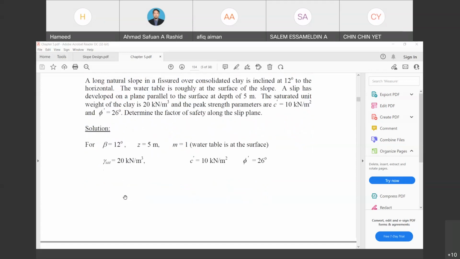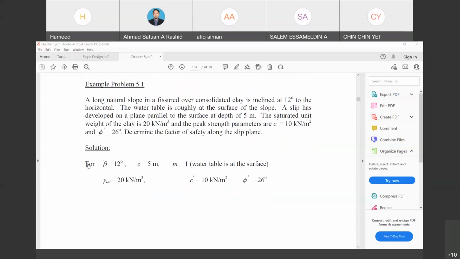Now, the information that has been provided is beta, which is 12, and Z, the depth of the slope, is 5 meters. In this case, as I told you previously, we have the ratio between the height of the groundwater and the height of the slope.